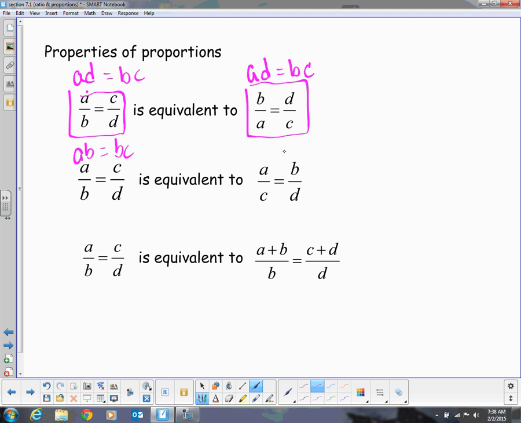If we do the product of the means equals product of the extremes, again we're going to have AD is equal to BC. Let me ask you, since we're talking about this, could they have done the extremes? Could they have done DB is equal to CA? Would that still have worked? Cross multiply, we still have AD, and we still have BC.